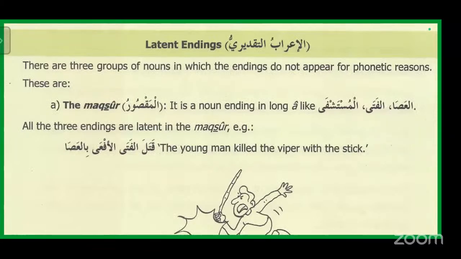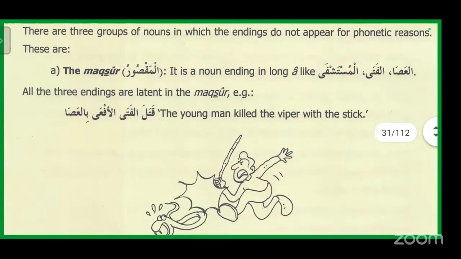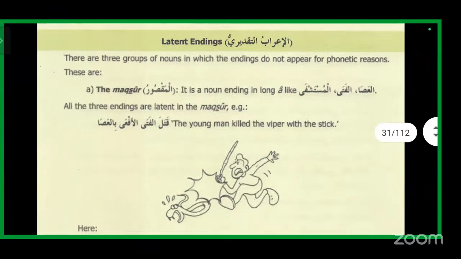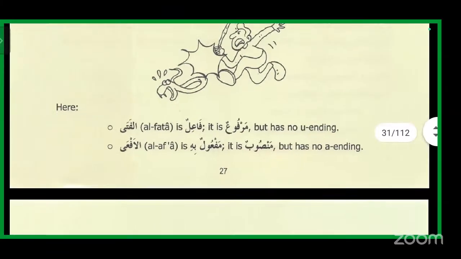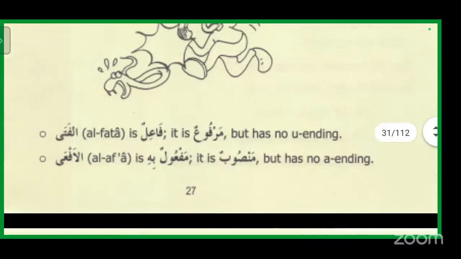Example: قتل الفتى الأفعى بالعصا. The young man killed the viper with the stick. Here al-fata is fa'ilun. It is marfu'un but has no u ending. Al-af'a is maf'ulun bihi.